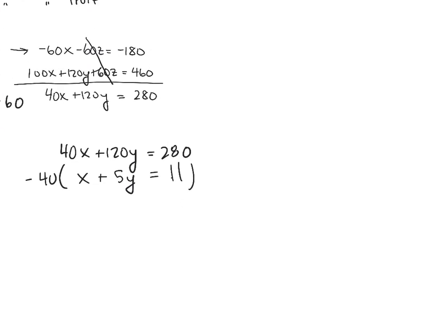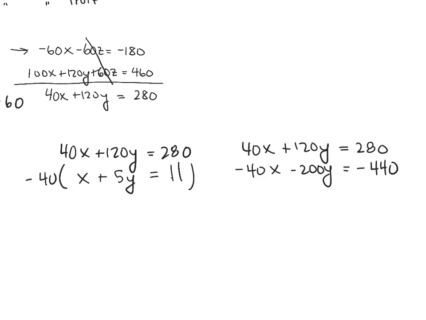So then what we would get is 40x plus 120y equals 280. Negative 40x minus 200y equals negative 440. Eliminate x. We have negative 80y equals negative 160.